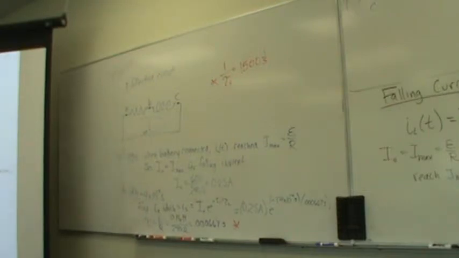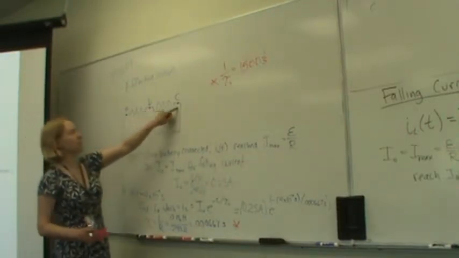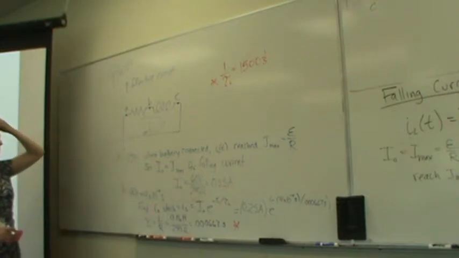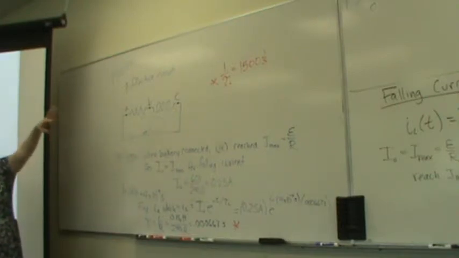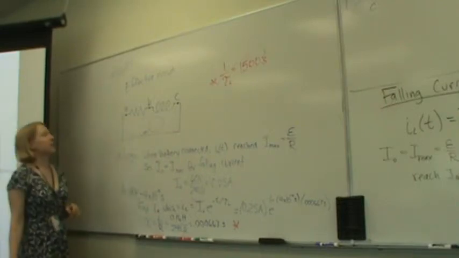Part C then. What is the potential difference between points B and C at the same time? Which point is at a higher potential? Talk to me logically about this.